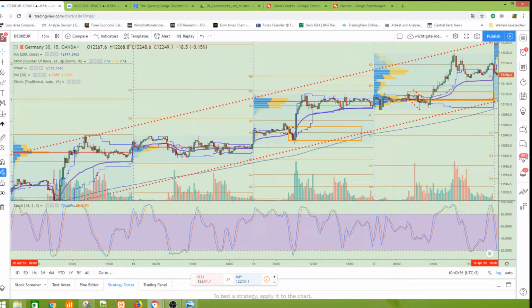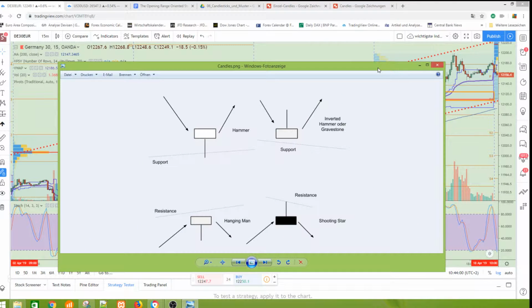I'll just show you what a hammer is. It's a candlestick pattern. It's not a formation, it's just one candlestick. The hammer is near a support, and the hammer depicts a trend change from down to up.